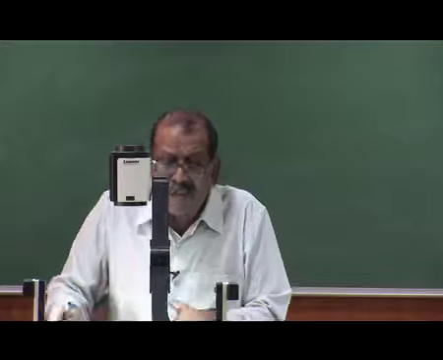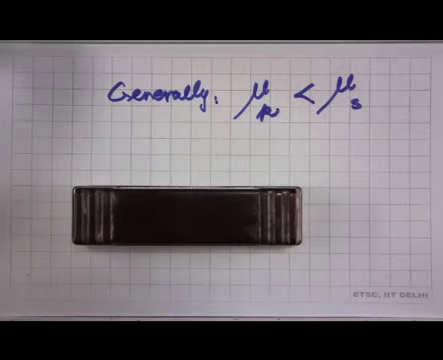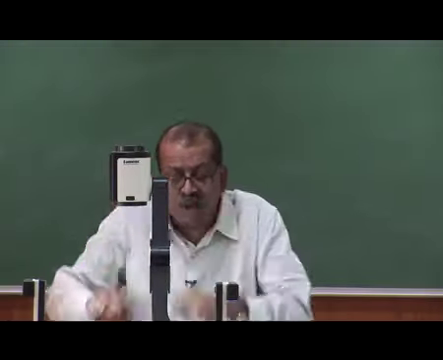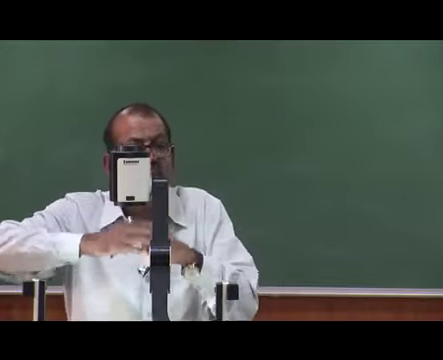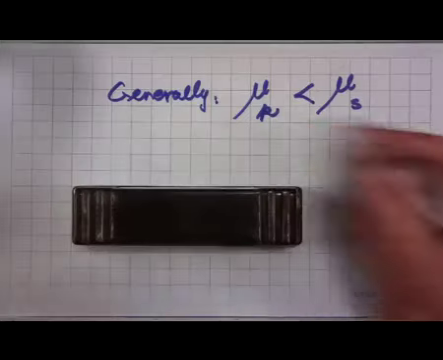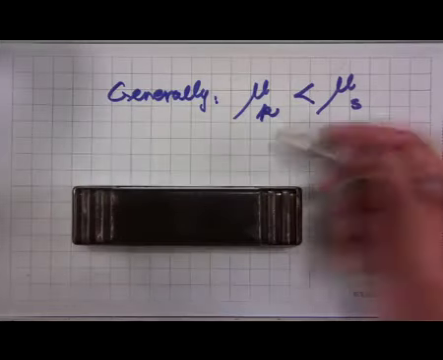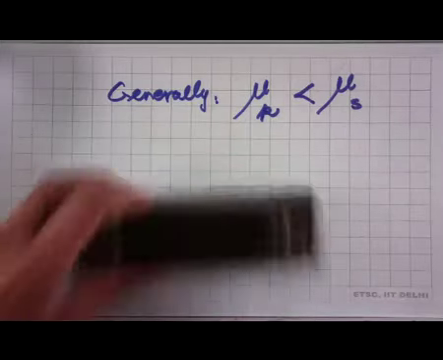But once the body starts to move, the adhesion force goes down slightly, because the body is already moving. When the body is not moving, this adhesion is stronger. So that is why mu k is less than mu s, but in some cases you may find mu k is equal to mu s also.